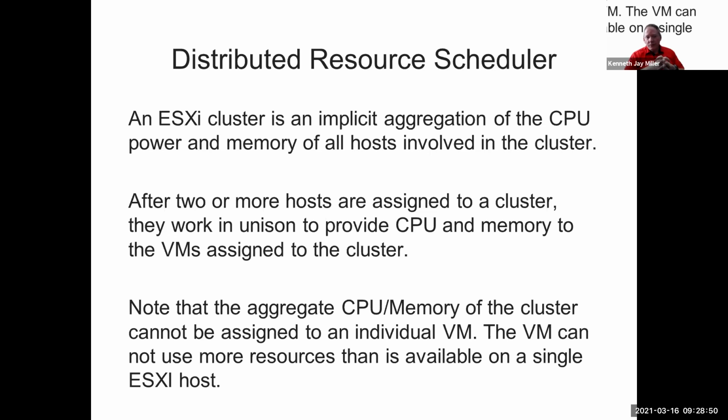But if I'm on that 1 terabyte ESXi, that's where this VM is, I could not assign it more than 1 terabyte of RAM because it cannot be greater than the single ESXi host. Now the total availability to the cluster would be 3 terabytes, but on that particular machine, you can't go greater than the machine itself or the host machine itself. Okay, so that's what this paragraph here is saying.